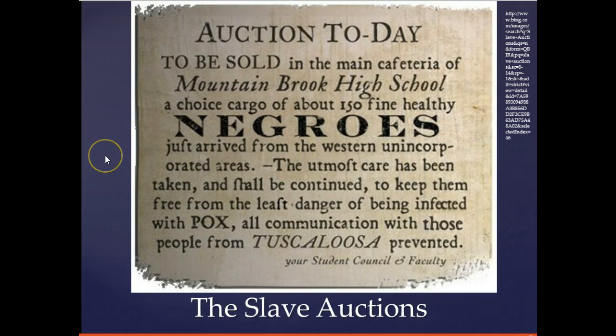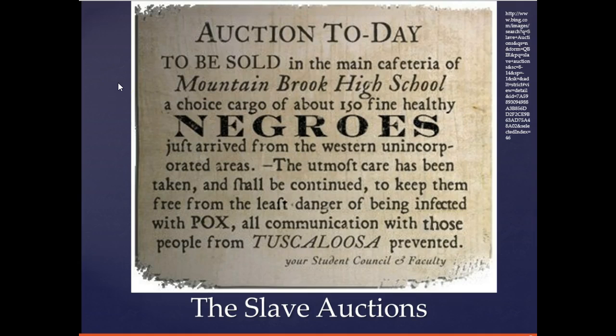Once the slaves arrived in the Americas, they were often sold at auctions, and they were lined up and put out in front of people and just sold right after pigs and cows and other animals were sold. And this primary source is another example of one of those advertisements.